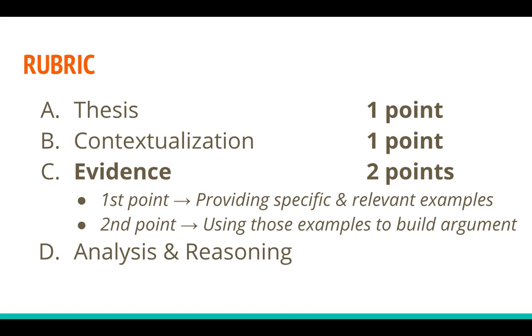Your evidence, y'all, you get 2 points for it. The first point is if you provide specific and relevant examples. Okay? So as long as your examples are related to the topic of the prompt, you're in good shape. Okay? Now, just like with contextualization, you cannot do a drive-by fact. Okay? You have to establish that you know what this fact is all about. Like, you have to explain what the evidence is.